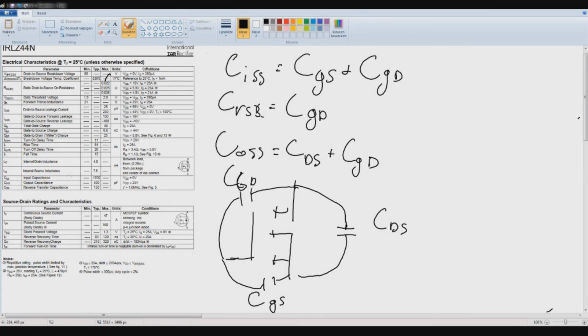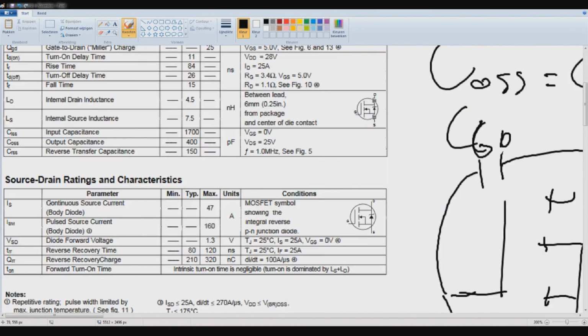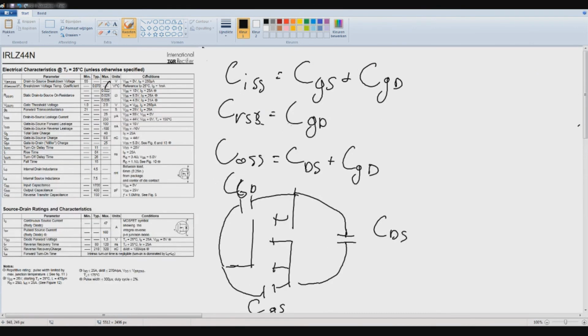So now for the capacitance, as we talked about earlier. Here we have CISS, which is the input capacitance, which is gate to source and gate to drain, which is these two, which is basically the entire capacitance on the gate side.